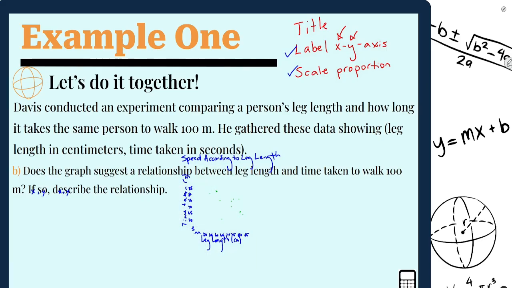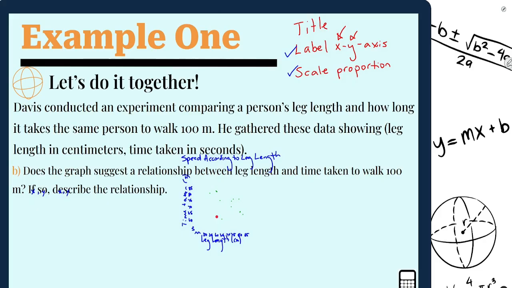The next part says, does the graph suggest a relationship between leg length and time taken to walk 100 meters? If so, describe the relationship. This is where we need to look at our slope. We're looking at this section, the largest clumping or group of data sets. Yeah, there's one guy over here. He's an outlier. We're going to talk about him later.